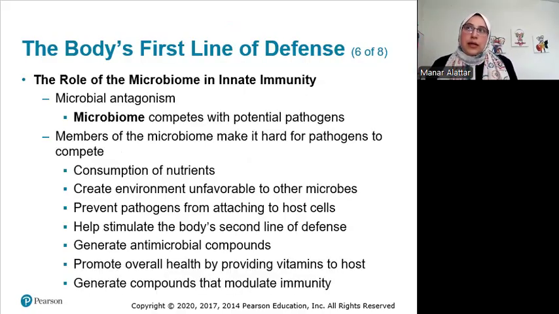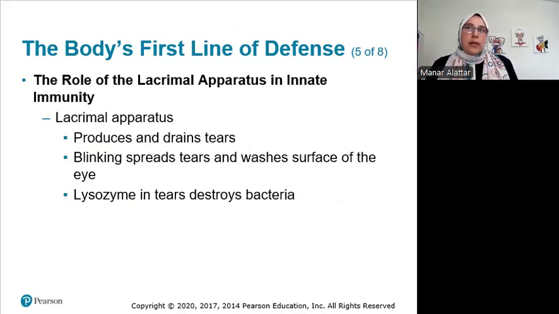And within those tears, we have lysozymes and antimicrobial peptides, and that allows us to, one, maintain the moisture of the eye surface, but two, clear any potential pathogens that come into that surface as well. Similar to some of those chemicals, antimicrobial peptides, and lysozymes that we had seen on the skin, those are also going to be in tears to help make sure that the surface of the eye is protected from pathogens. Okay.